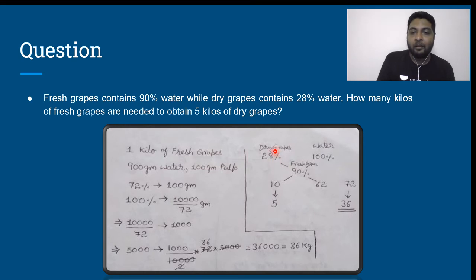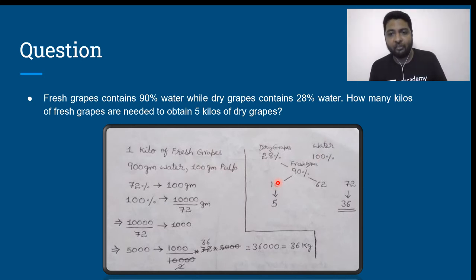Okay. Dry grapes have 28% water. To that, if I add some more water, which is 100% water, I get fresh grapes which contain 90% water. Using the principle of alligation, 90 minus 28 is 62, 100 minus 90 is 10.